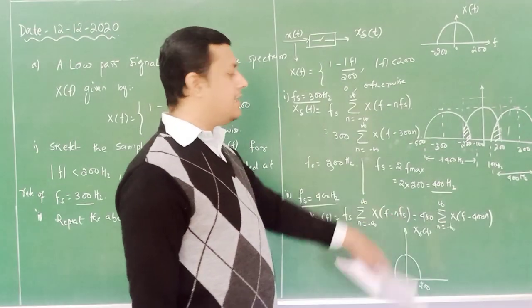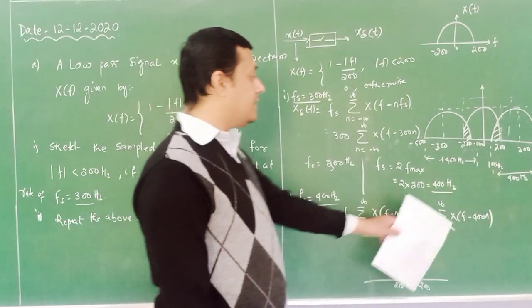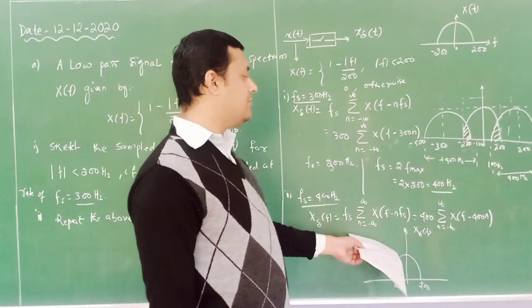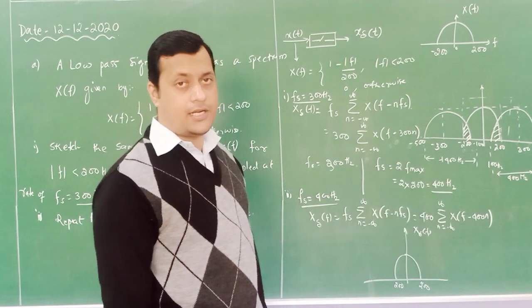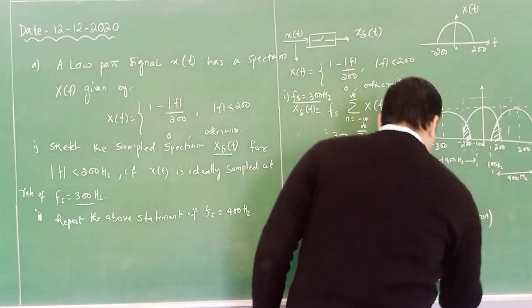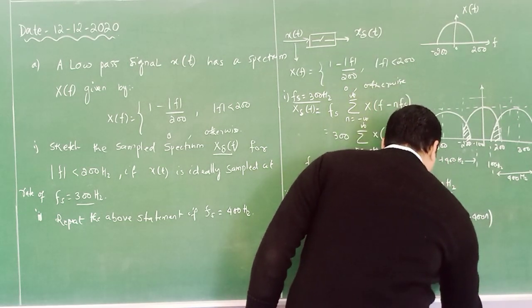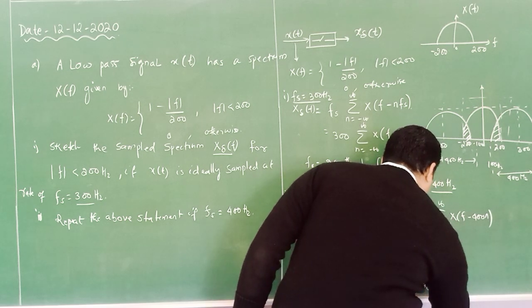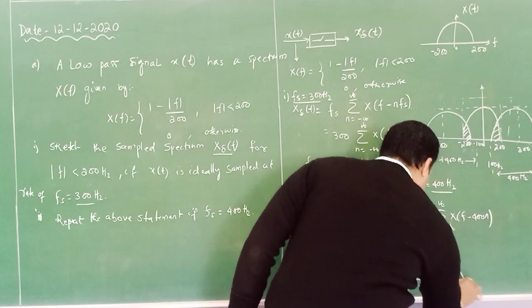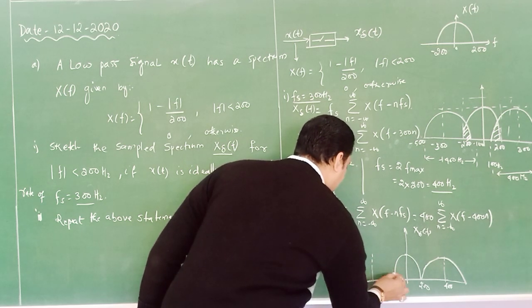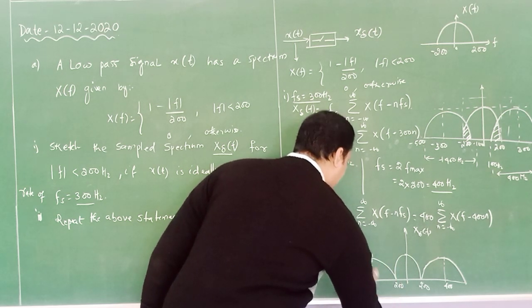Similarly, if n is equal to 1, that means 400 will come into the picture, and then n is equal to minus 1, plus 400 will come into the picture. So in that case, your center frequency will be 400 and your spectrum will be like this. So this is 400 minus 400 and your spectrum will touch each other.